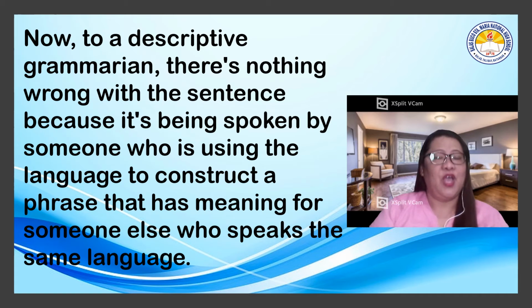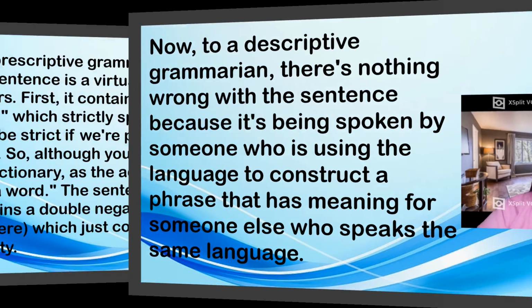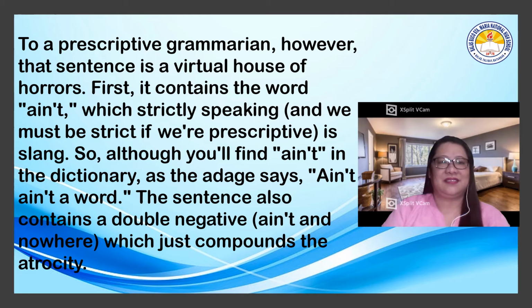Now, to a descriptive grammarian, there is nothing wrong with the sentence because it's being spoken by someone who is using the language to construct a phrase that has meaning for someone else who speaks the same language. To a prescriptive grammarian, however, that sentence is a virtual house of horrors.